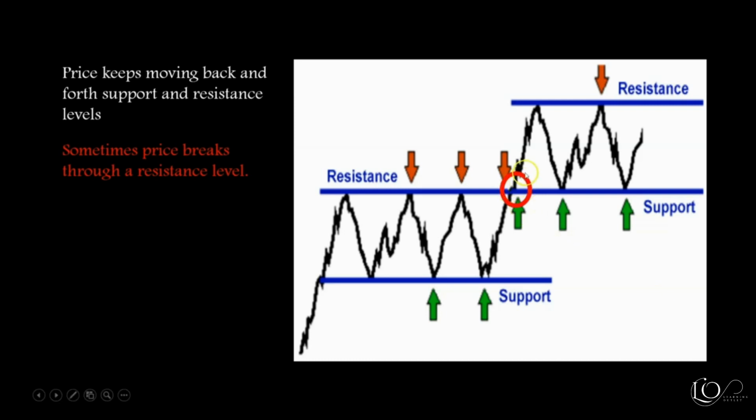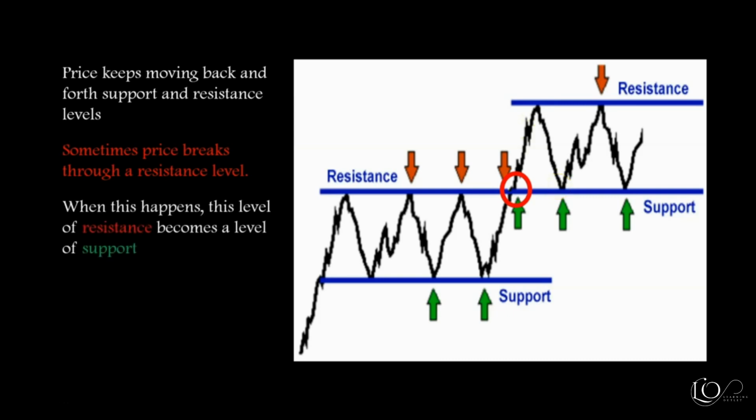And whenever we see this, price moving above the resistance, this buying pressure is bound to fade, and sellers are going to step in and they're going to drive prices back downwards. Now whenever this happens, we see that the resistance level later on after the break turns out to be the new support level.